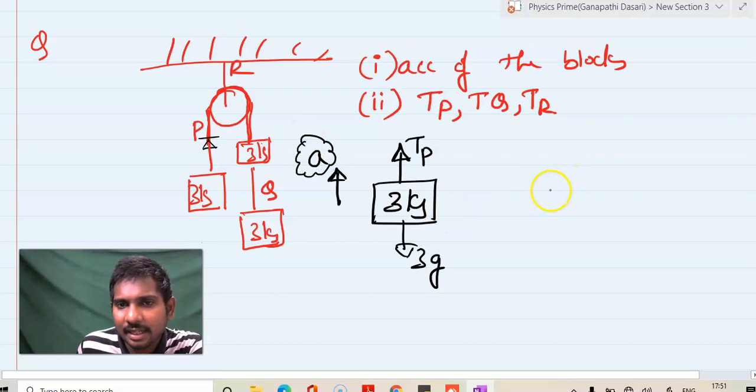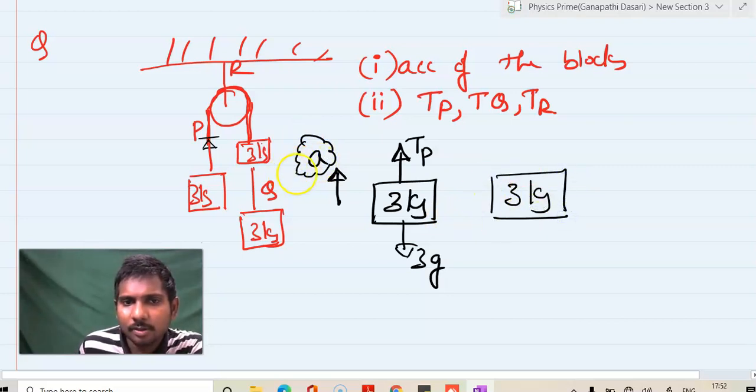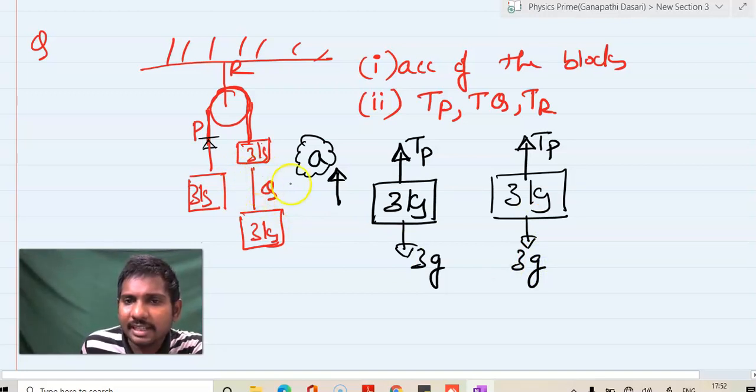Then another 3 kg block free body diagram. There will be, cut it and pull it, TP tension in the upward direction and 3G downward direction. And also if there is another string called Q here, if I cut it and pull it, the tension will be downwards for this.